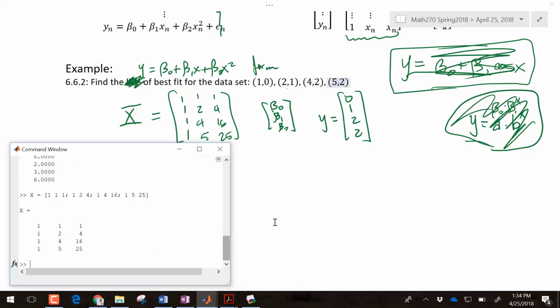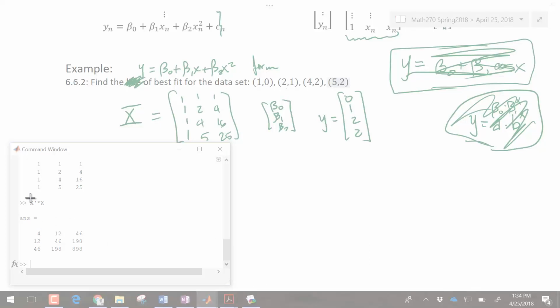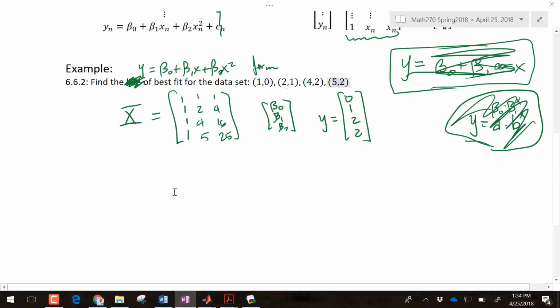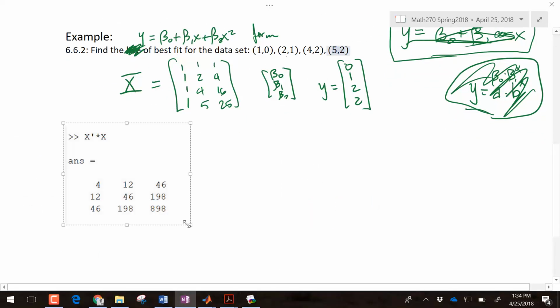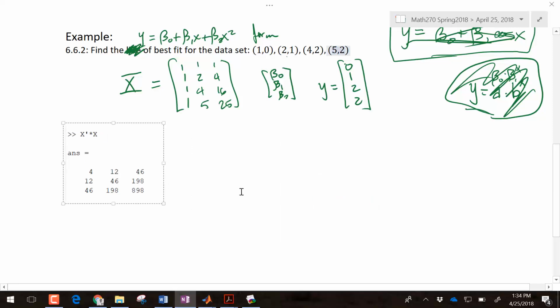So we want the transpose times X. So X transpose times X. And we want to find the inverse of that.